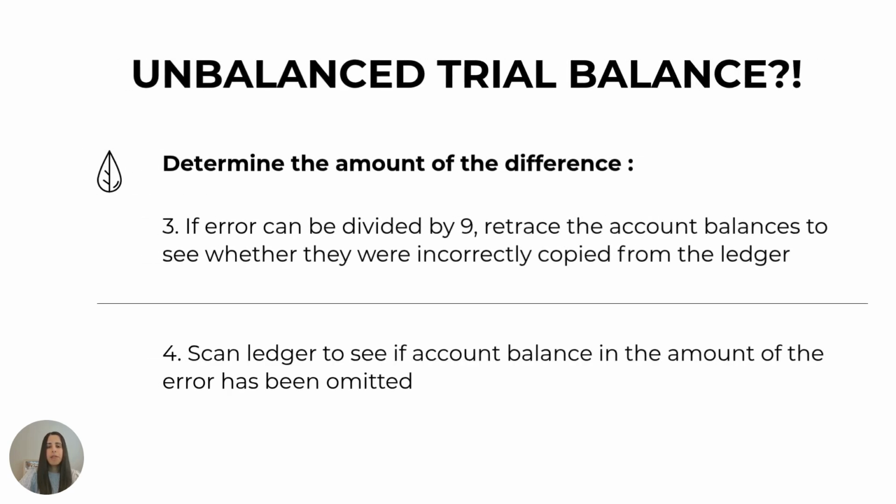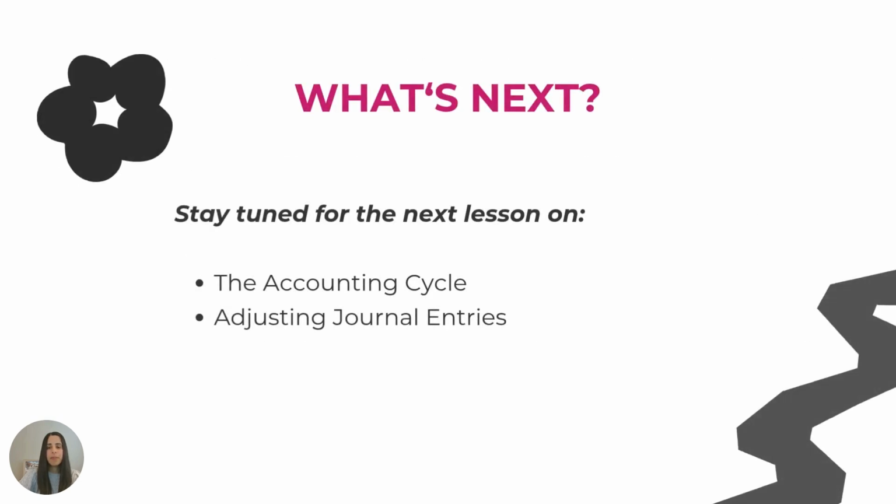If the error can be divided by 9, it's possible that the account balances were incorrectly copied from the ledger, meaning two digits may have been transposed, which results in an error divisible by 9. We also want to scan the ledger to see if any account balances have been omitted, so possibly we forgot an account entirely. If we check the difference and it equals an account balance, it's possible that account was missed.